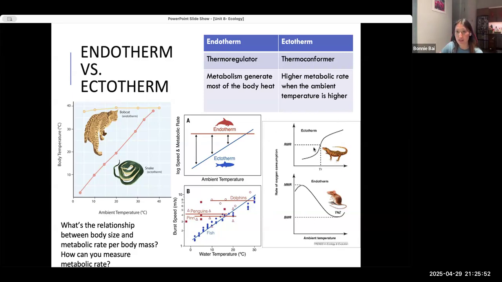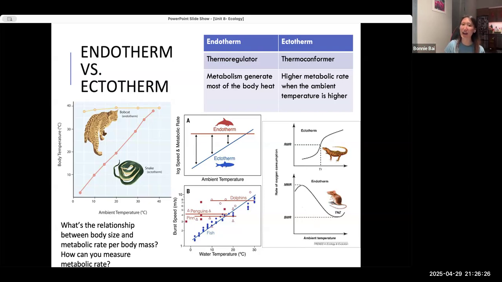This is the resting metabolic rate, a normal point, but the higher it is, the harder the body is going to work and be able to do more activities. Versus for an endotherm, you can see how this curve is very different. At much lower temperature, your body actually has to work much harder to keep up with the temperature demand, to produce the warmth that your body needs to sustain the cells.